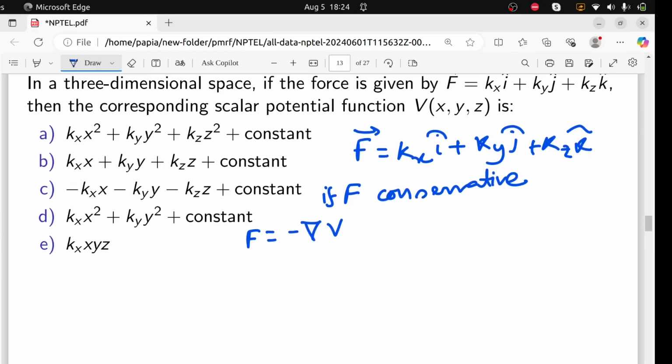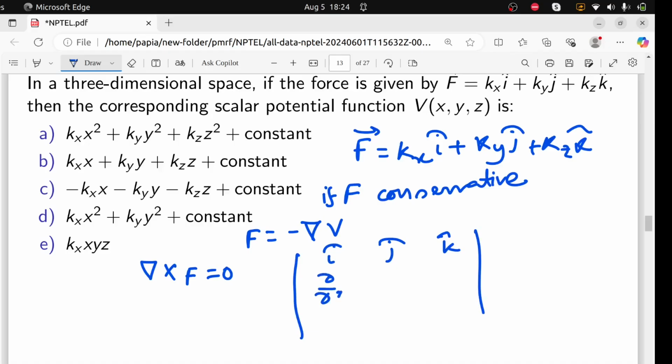So let me check whether F is conservative or not. For checking this, I will just take curl of F equals 0. Curl of F means the determinant with i cap, j cap, k cap, del del x, del del y, del del z, Kx, Ky, Kz.